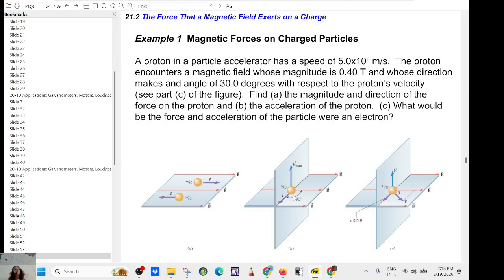Okay, in this situation, you have the velocity this way, you take your right hand, velocity this way, magnetic field that way, the force is up. So it will deflect the positive charge up. It's telling it you can move in this direction, but you have to take a turn.